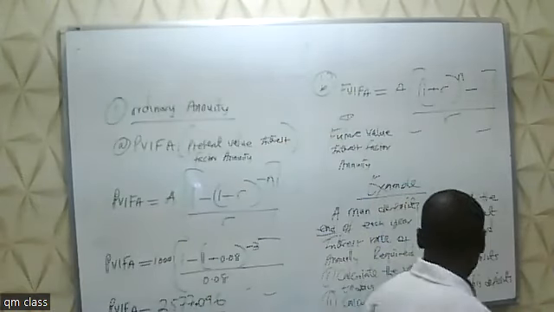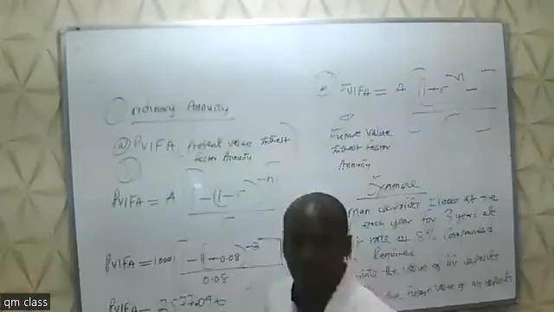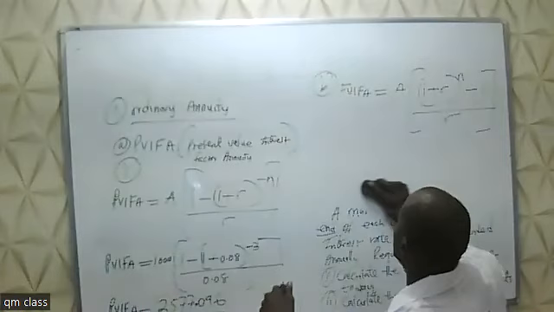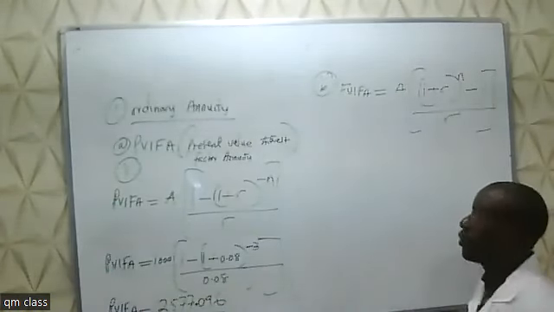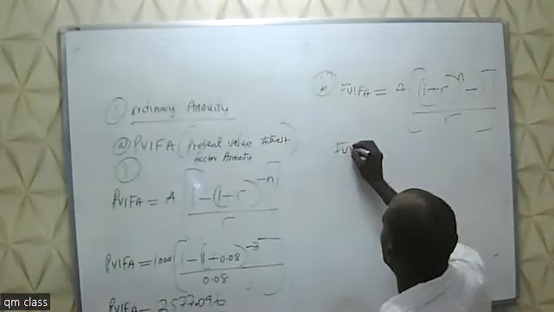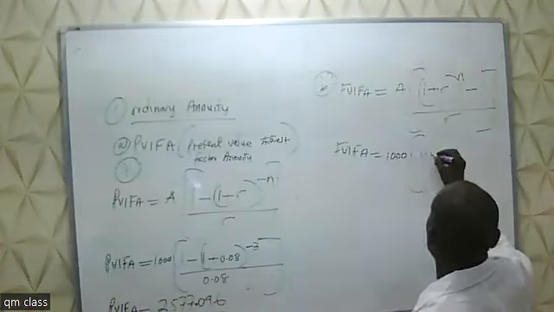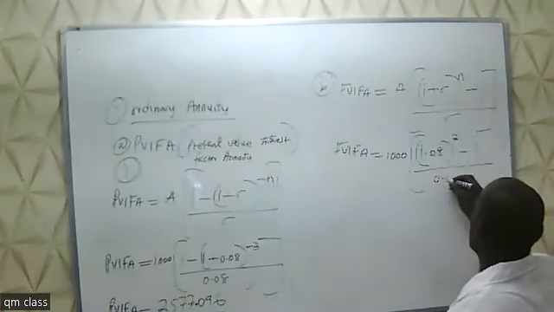Okay, that is the first one, Roman numeral number 1. Then you get to the other one, which is the future value interest factor annuity. We substitute and get the value. All right. So we have 1,000 times 1.08 to the power 3 minus 1, over 0.08.